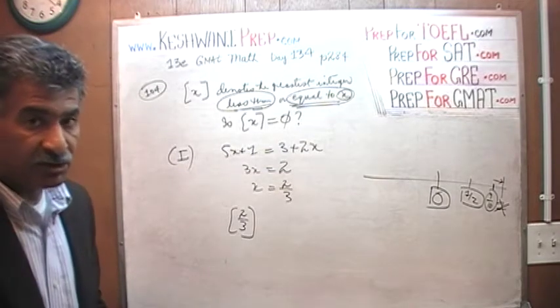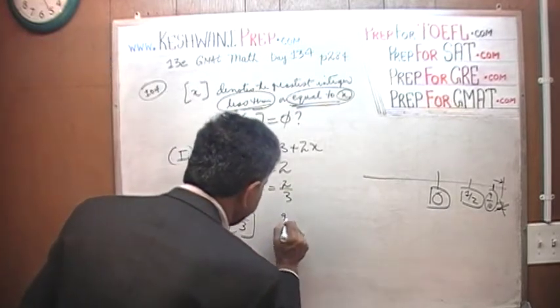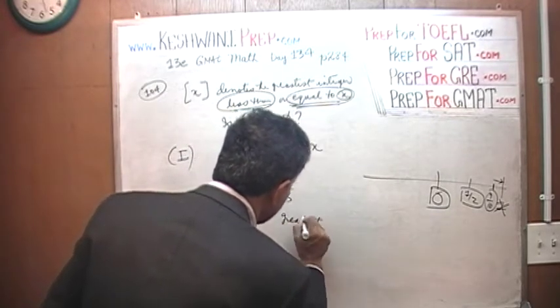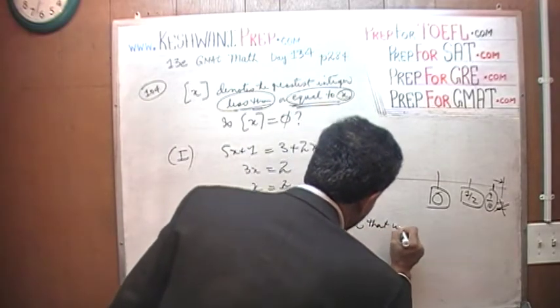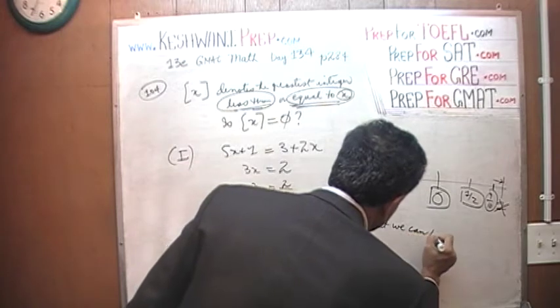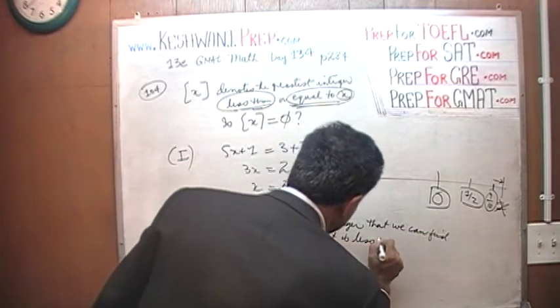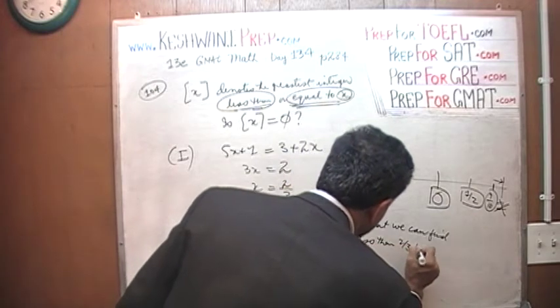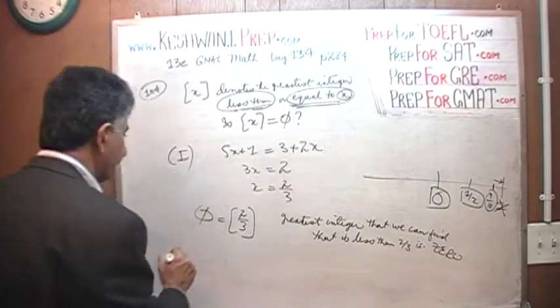So the greatest integer that we can find that is less than 2/3 is 0. The answer to this thing is 0.